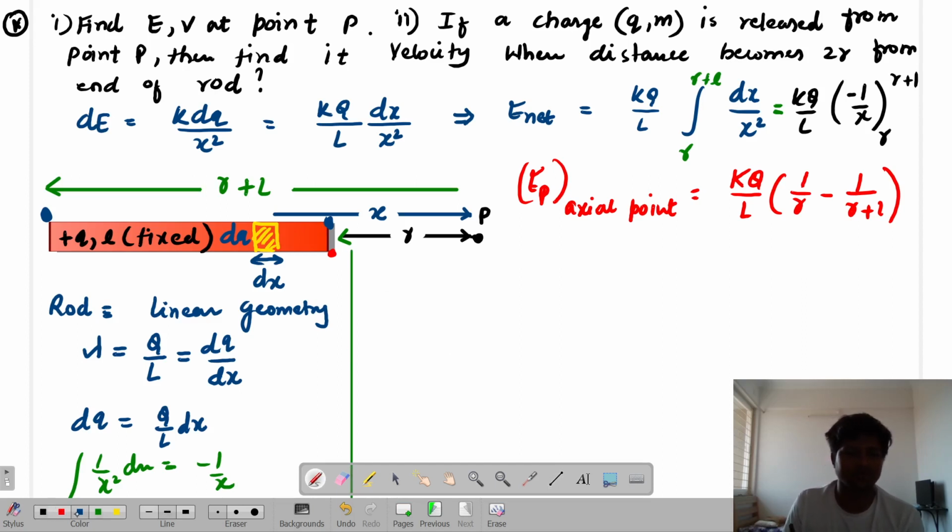So I first have to define dV, because the charge is not at one point. dV will be k into a small charge dq located at distance x, so k dq by x. And dq is kQ by L into dx by x. Are you able to get me or not?